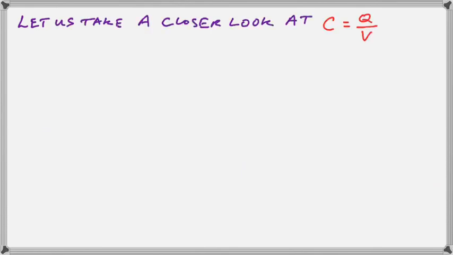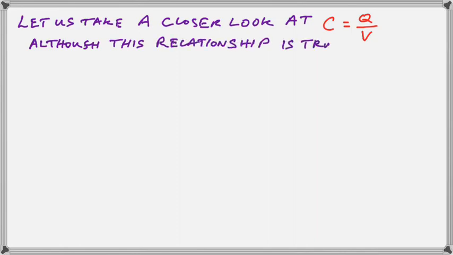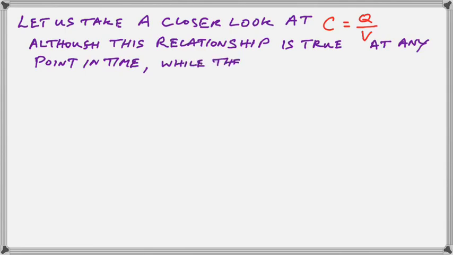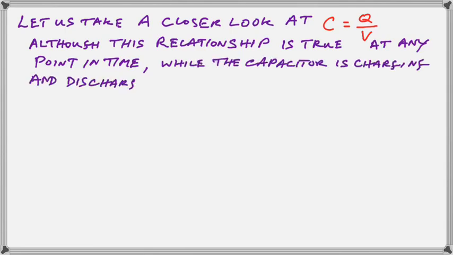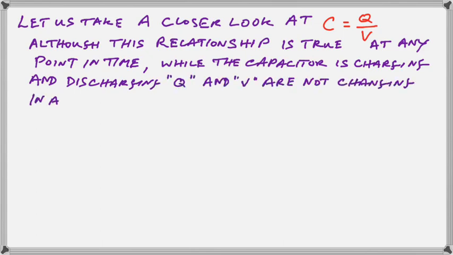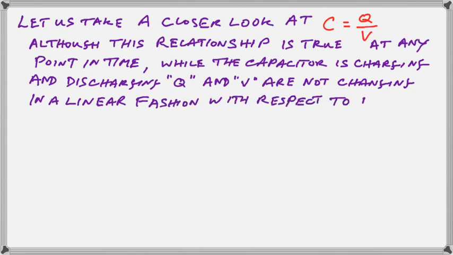Okay, so let's take a closer look at this expression C equals Q upon V, so that we may determine at any point in time, while the capacitor is discharging or charging, the Q and V maintain their relationship to each other, but they're not changing in a linear fashion. This is the problem.